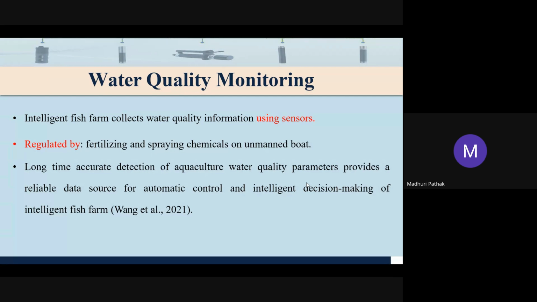Long-term accurate detection of aquaculture water quality parameters provides a reliable data source for automatic control and intelligent decision making of the intelligent fish farm. So once you have set up a sensor, you can very well get a trend of water quality parameters. Suppose you are checking the dissolved oxygen 4 to 5, 6 times in a day.